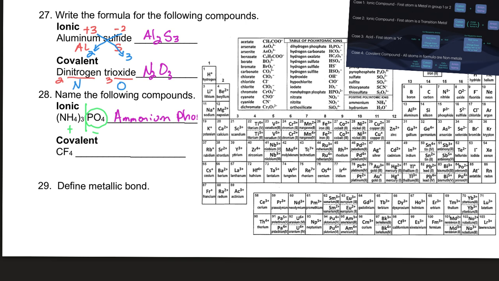So carbon's name is going to be carbon. There's only one copy. You can see that there's no number written, so we assume there's a 1, so that would be mono. We don't use the word mono, but we do put the name carbon, so let's go ahead and put that. So this would be carbon. And then we look at the second atom, and there's F, but there's 4 copies. So the prefix comes next, so that would be tetra.